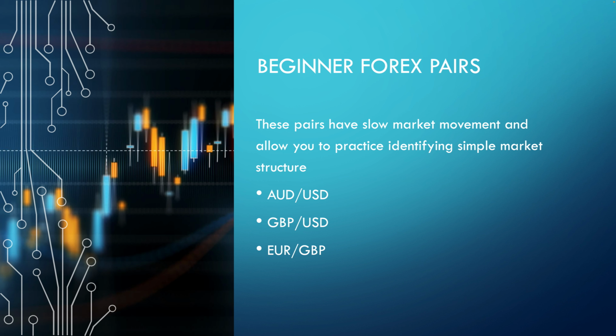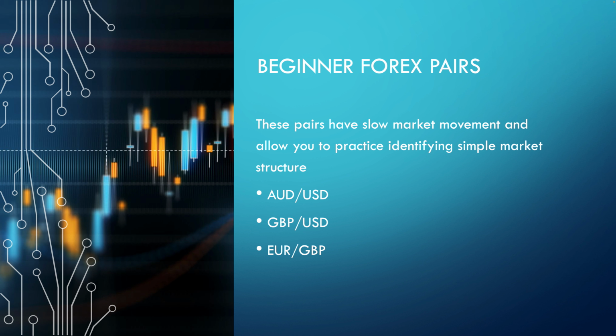So once you figure out what time works best for you, you can then begin to start looking for the currency pairs that fit within your time frame. So these are just some beginner pairs that will allow you to train your eyes to price action. These pairs have slow market movement, and they allow you to practice identifying simple market structure.